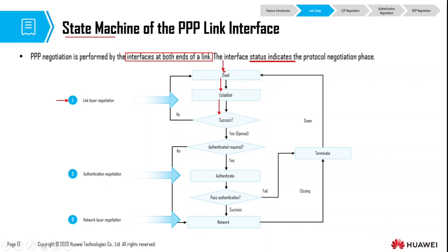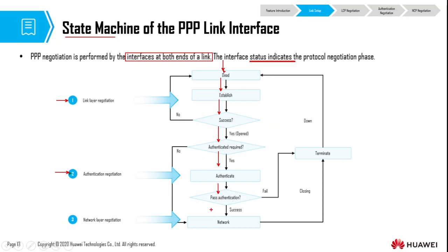Otherwise, if the parameters match, then the session is opened and it checks, do we have authentication? Is authentication required? If authentication is required, and now here we are on step number 2, then authentication is performed. Did you pass the authentication?